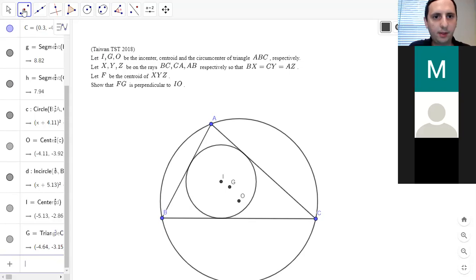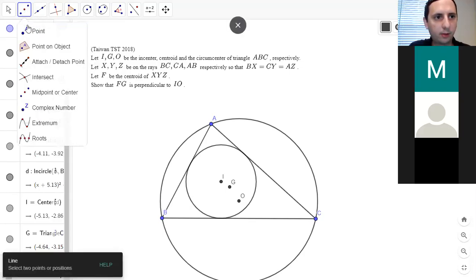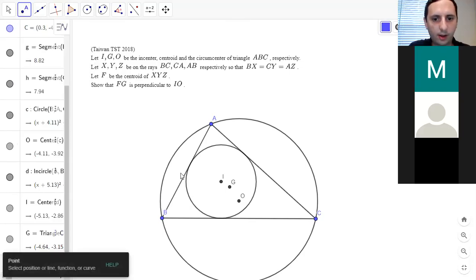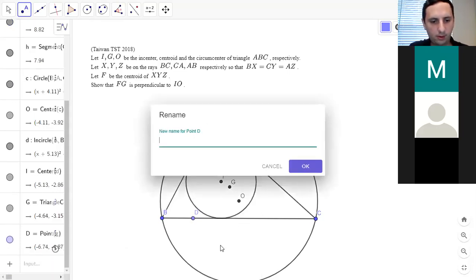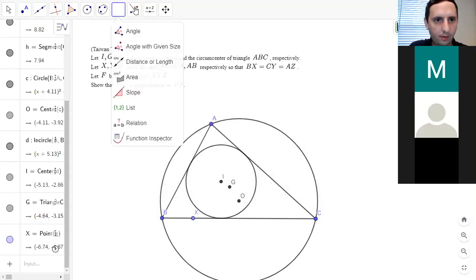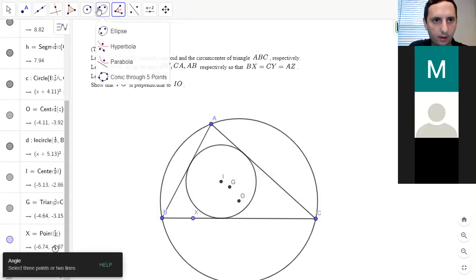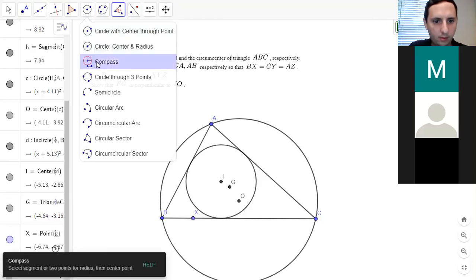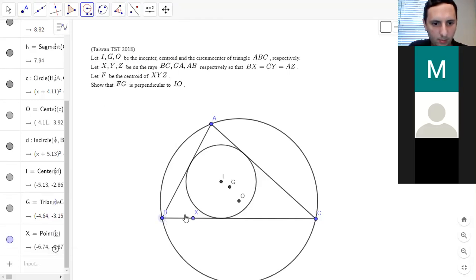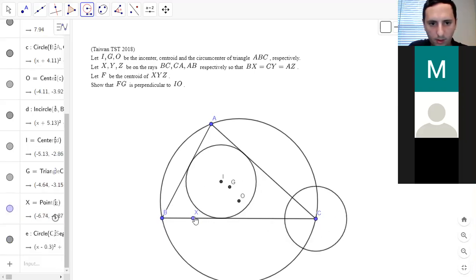And we have BX equals CY equals AZ. So X is on BC. So I'll just call this X. And let me use the compass tool, which I really like. Compass, BX, and then do it again.